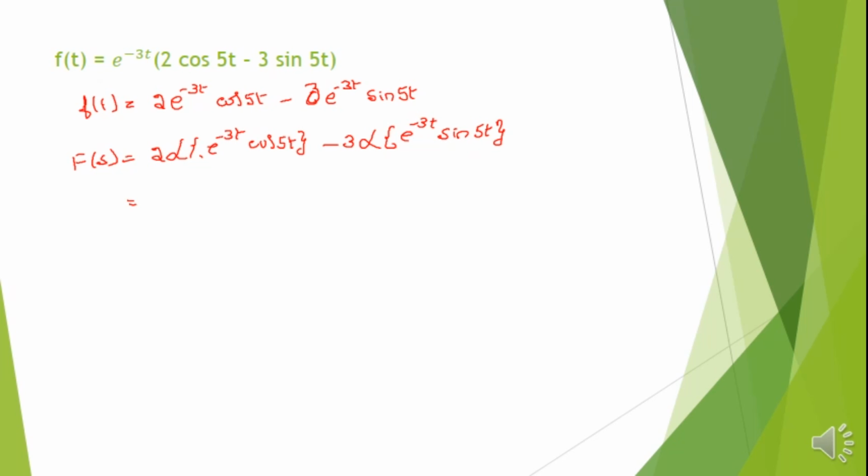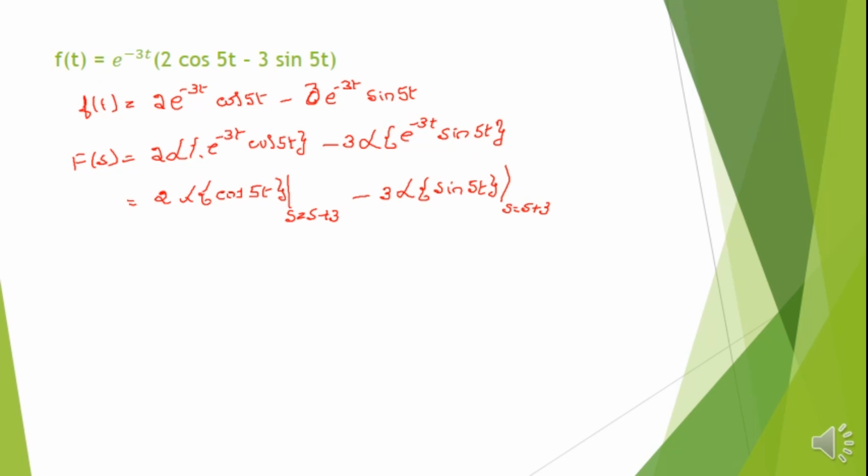Now, the Laplace transform of e to the power minus at into f of t, we know that. So this is 2 into the Laplace transform of cos 5t at s equal to s plus 3, minus 3 into the Laplace transform of sin 5t at s equal to s plus 3.